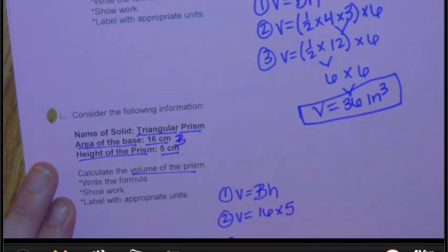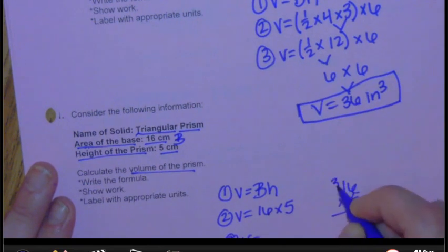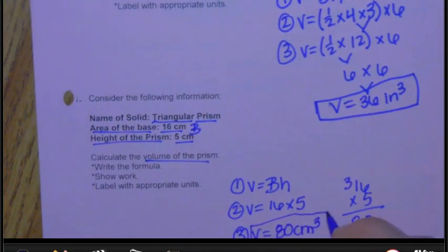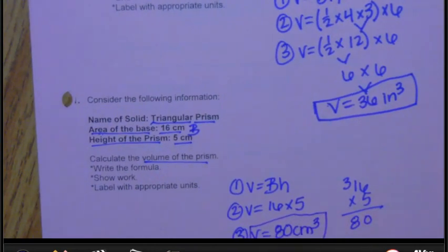I just need to do 16 times 5. 5 times 6 is 30. 5 times 1 is 5. 5, 6, 7, 8, plus 3 more is 8. So the volume is going to be 80 centimeters cubed.